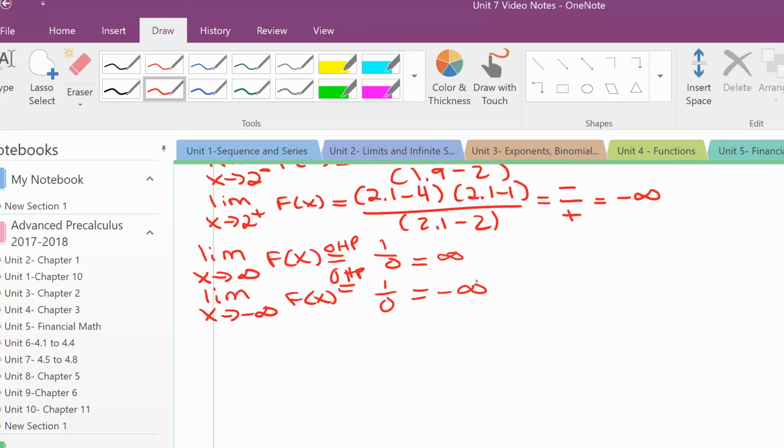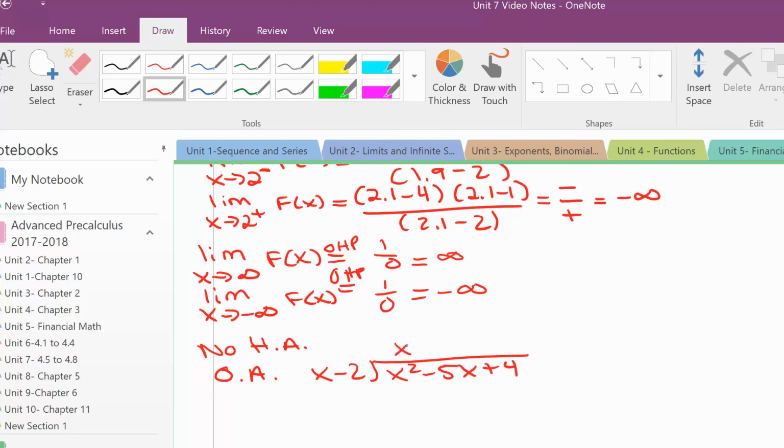Now, because the limits of the end behavior are infinite, that means there is no horizontal asymptote, but there is an oblique asymptote, which I have to find by dividing. So I go x minus 2 divided by x squared minus 5x plus 4.